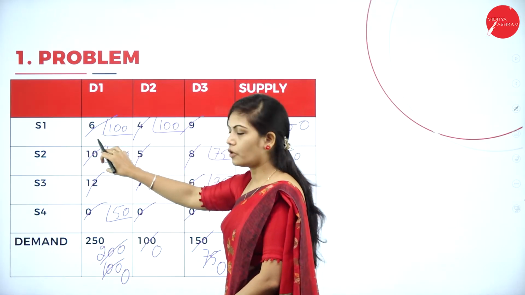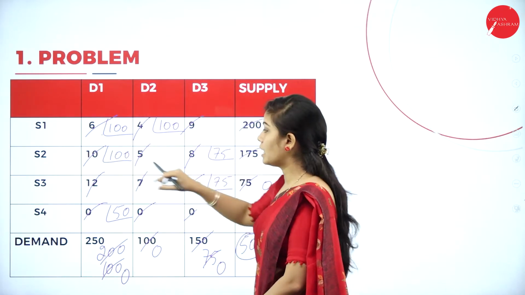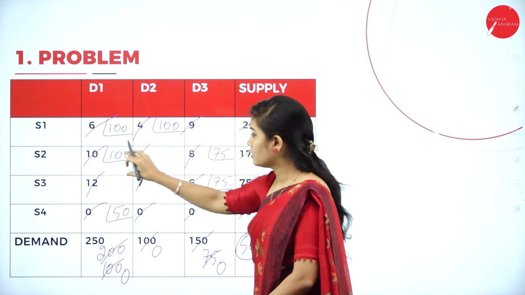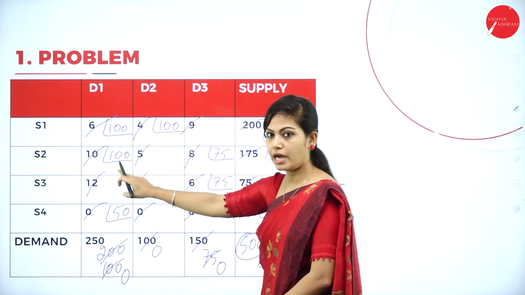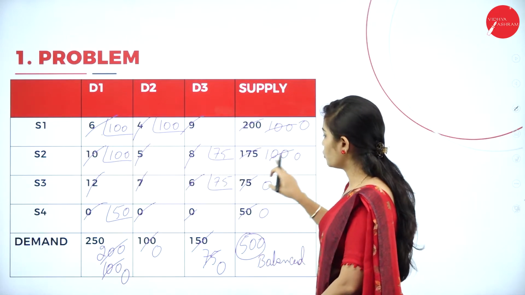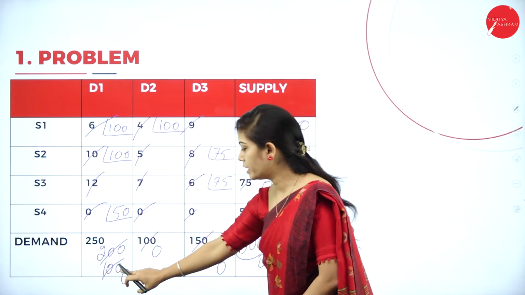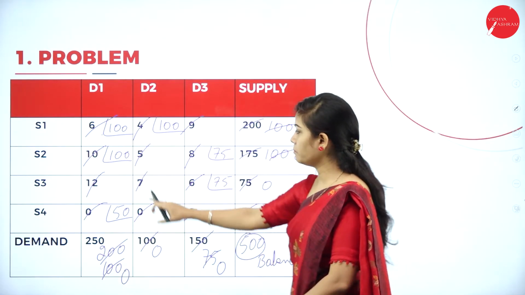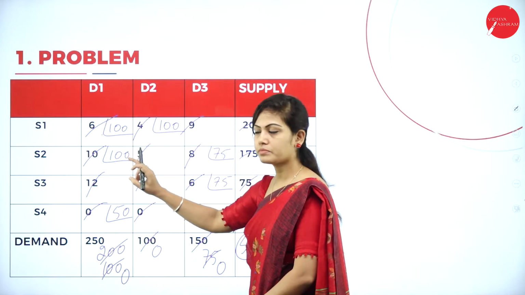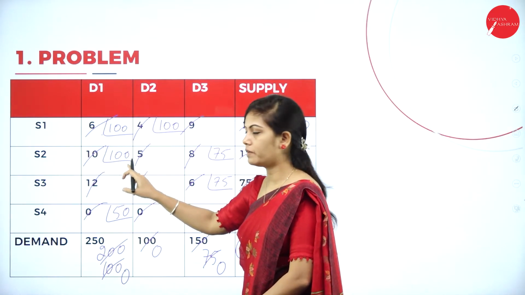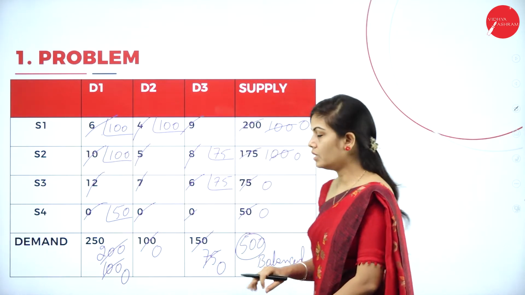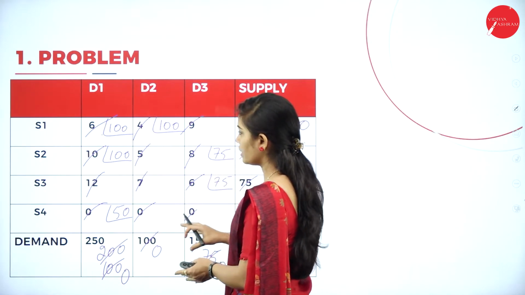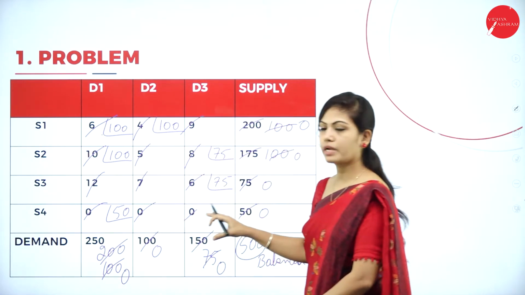The last value was 10. If you get any one value, both the values should be the same. So here also I got 100, here also I got 100. So both the values are the same. So 10 is my least value. I have allocated 100 rupees to this cell. So is there any extra values? No. Everything I have cancelled.